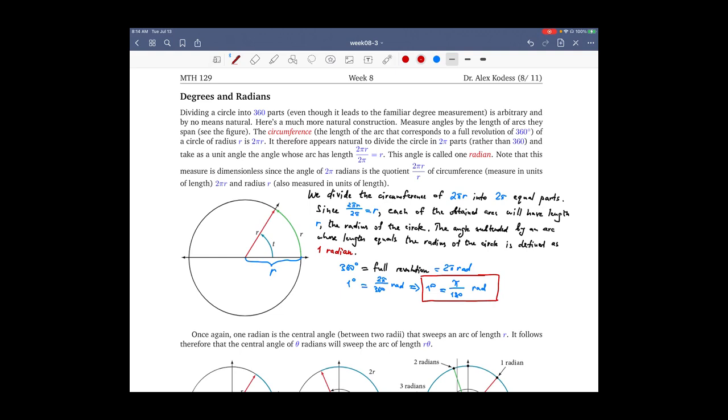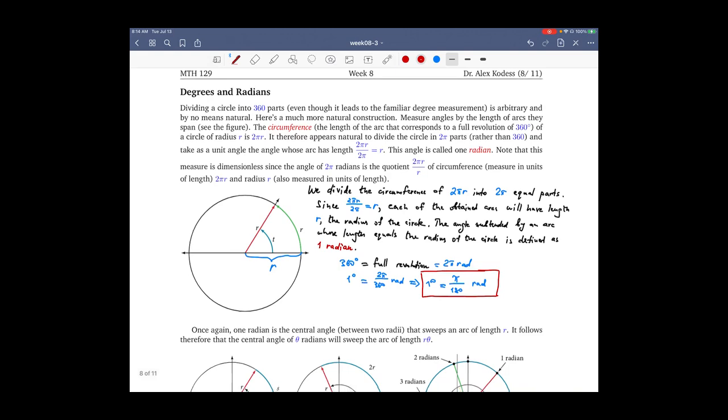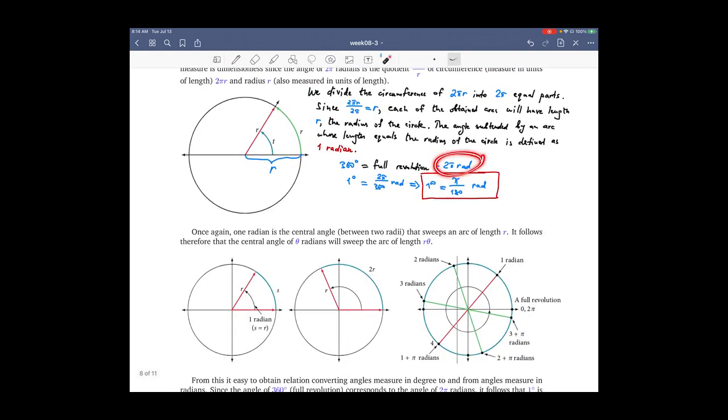Likewise, if we want to express radians through degrees, we can take this equality again and divide both sides by 2 pi rather than by 360. That'll give us that 1 radian equals 360 over 2 pi degrees.